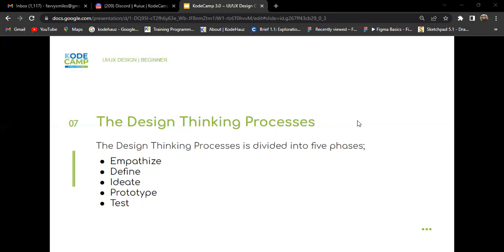So if I have gotten to the last stage, which is the testing stage, it doesn't mean I cannot go back to the definition stage or even to the first stage, because the essence of the design process is to make sure that at the end of the day, we've actually solved a problem.